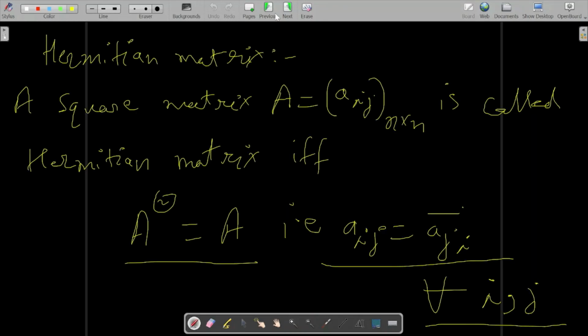Let's move on towards the properties of Hermitian matrix.